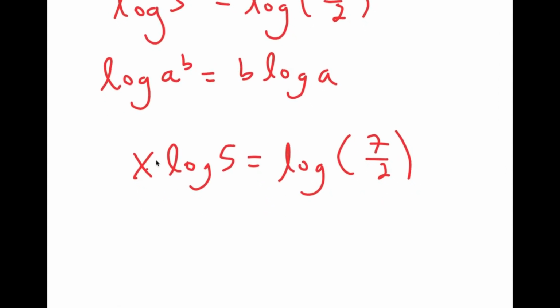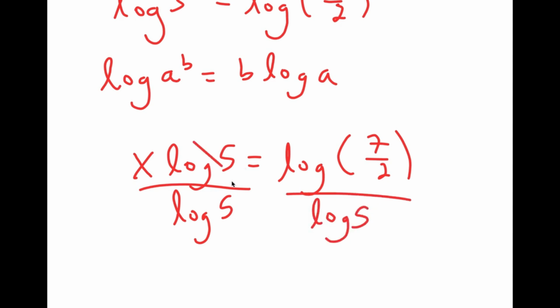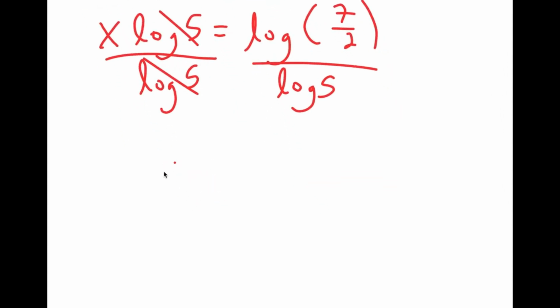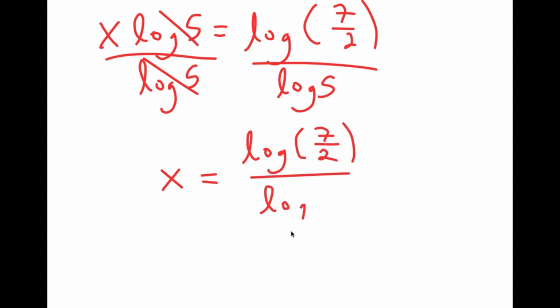Now we want to isolate x, so I'm going to divide both sides by log 5. So now these two cancel out, and I get x is equal to log of 7 over 2, over log 5.